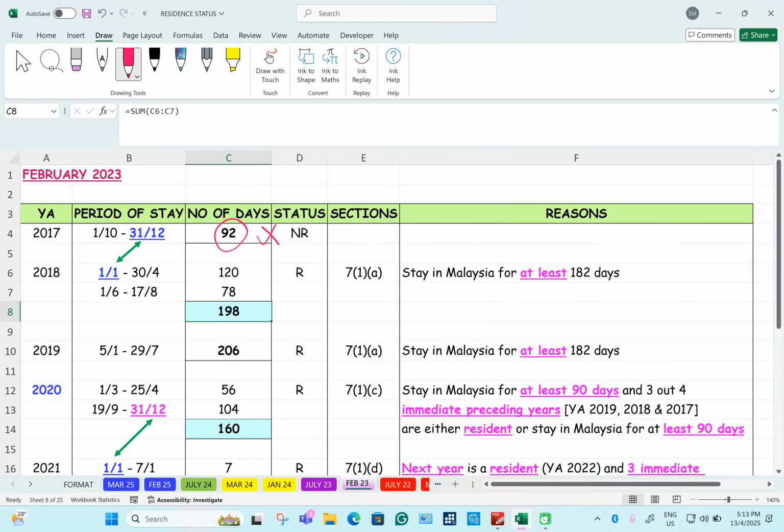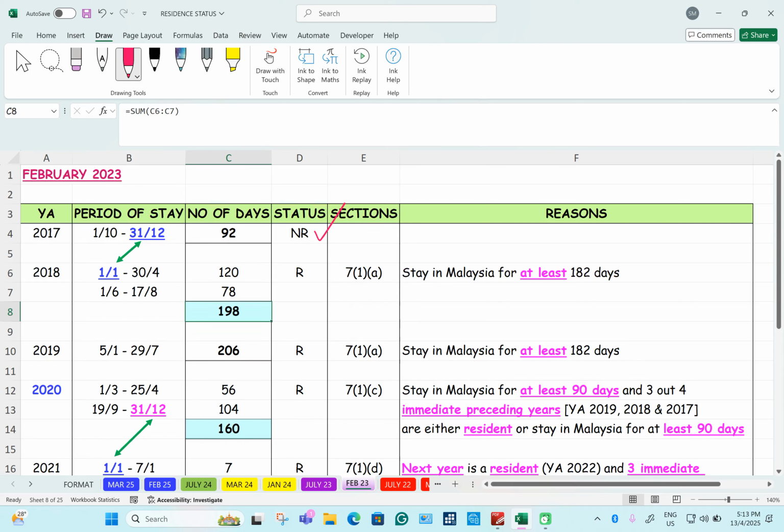Therefore, we cannot use C. Last option, let's try D. D, first condition: 3 immediate preceding years are resident. Do we even have 3 immediate? Of course not, isn't it? Since all the sections cannot be used, what is our status, guys? Non-resident. That's why for 2017, the answer is not resident.